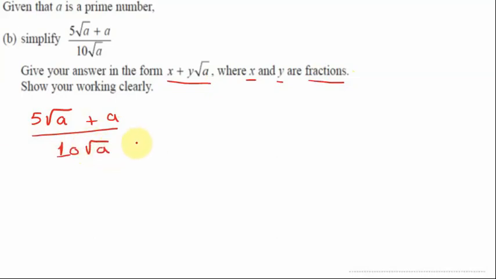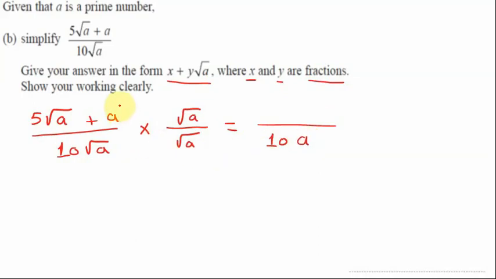How can I get rid of the root from the denominator? By multiplying both numerator and denominator by root of a. So in the denominator it's so easy, 10, and root of a times root of a is a.